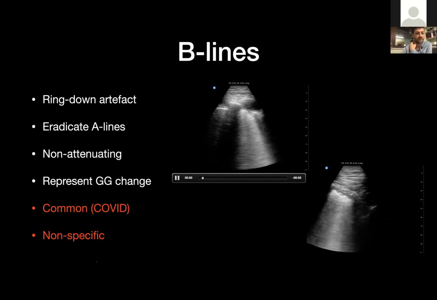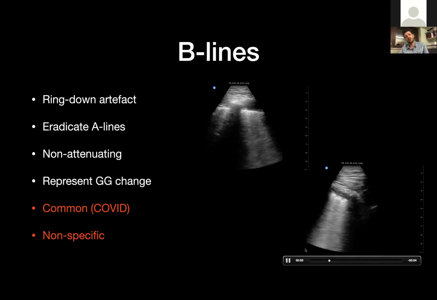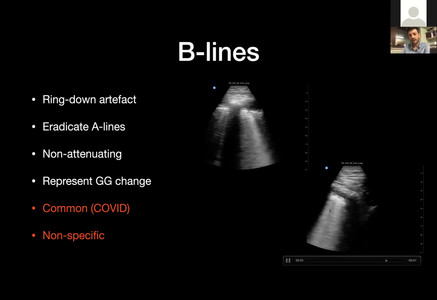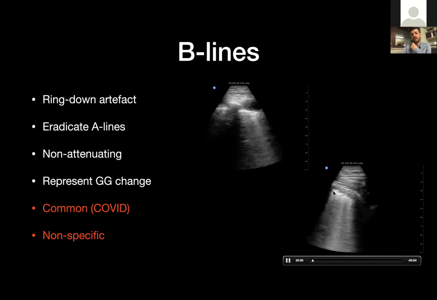So it's non-attenuating. And it's the B lines that represent the ground glass change on CT. Ground glass changes on CT are very common, B lines also very common, but like I say, non-specific. In this image in the bottom right corner, we see a small localized pleural effusion around this thickened, irregular pleural line with B lines.